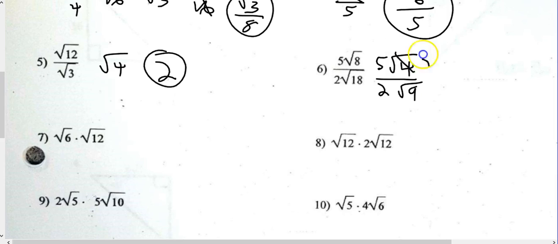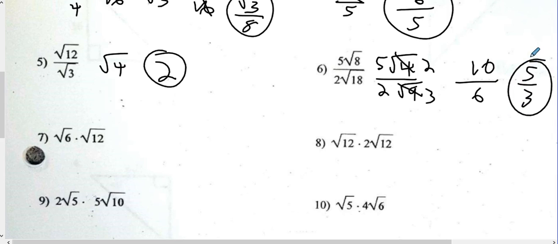This is really just 2, and that's really just 3. So on the top, I have 5 times 2. On the bottom, I have 2 times 3. And that can be reduced to 5 over 3. And just another catch, if you would have noticed it, since there's a 2 on top and bottom, you could have canceled before multiplying and already had your answer of 5/3. It's up to you.